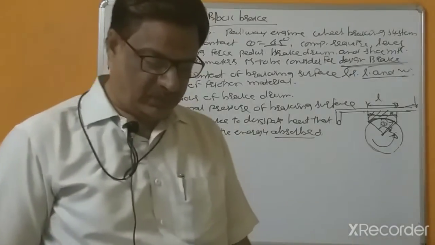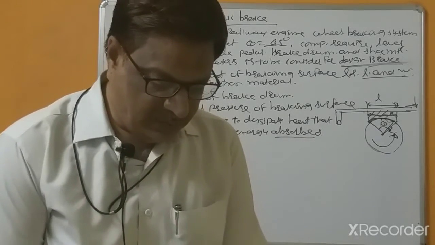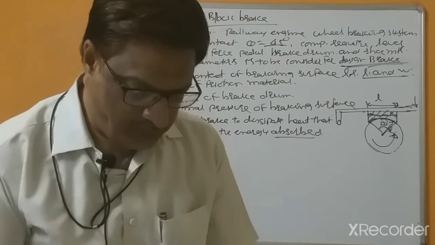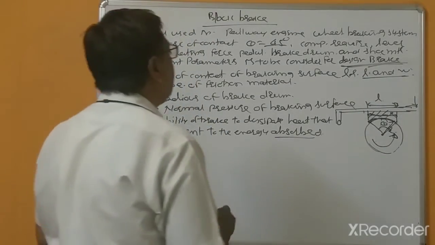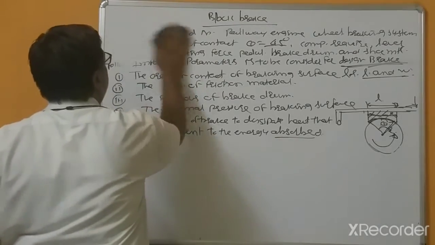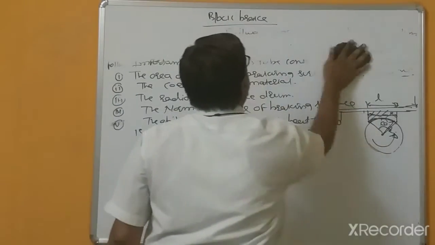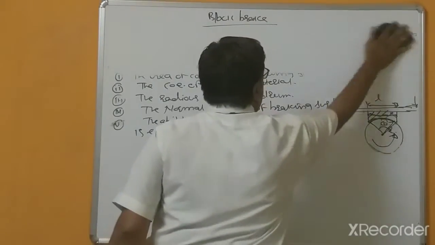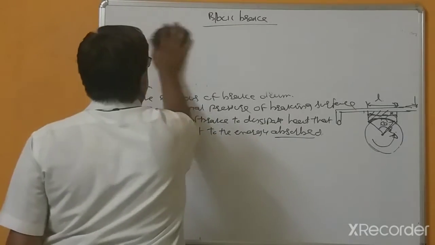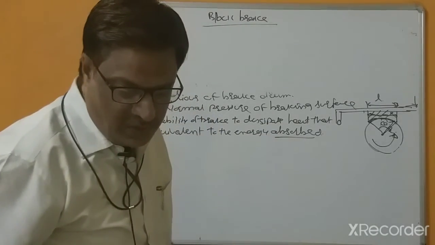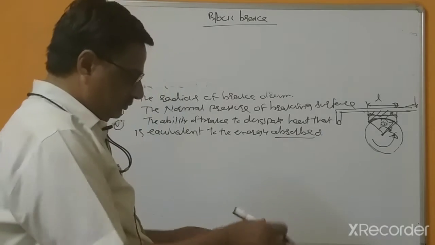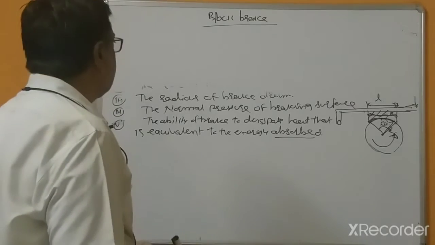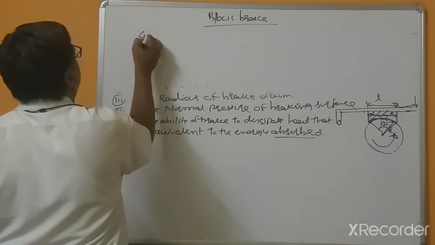Now we'll see the block brake. So in the block brake, we already discussed that angle subtended. This is 45 degrees, the maximum angle subtended by the block brake. Why is this 45 degrees?